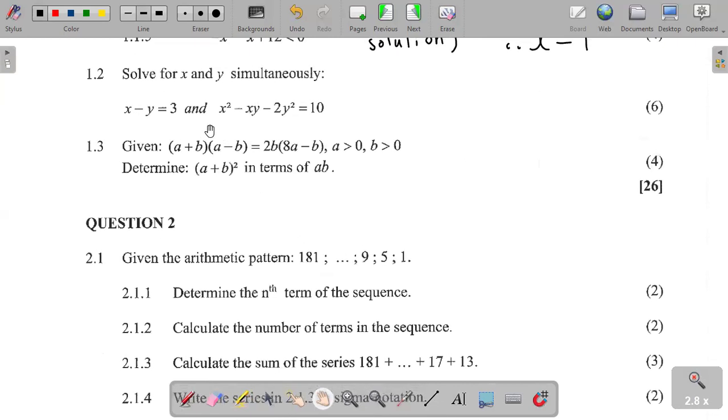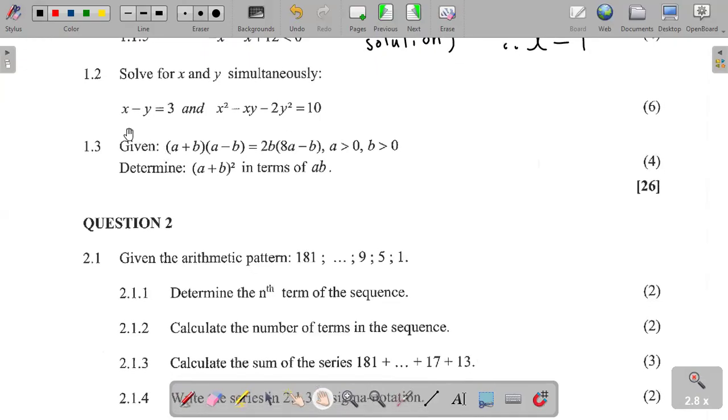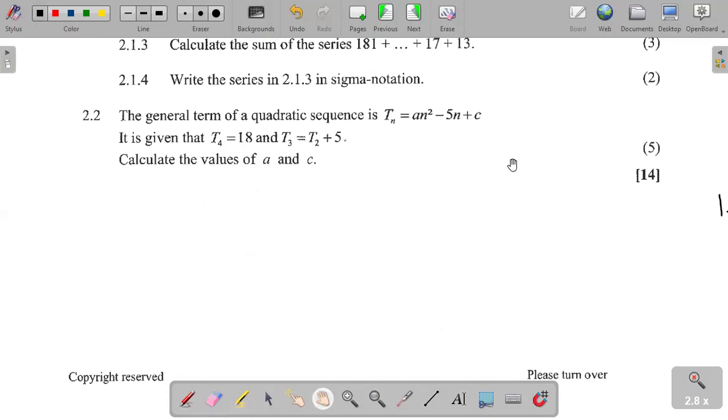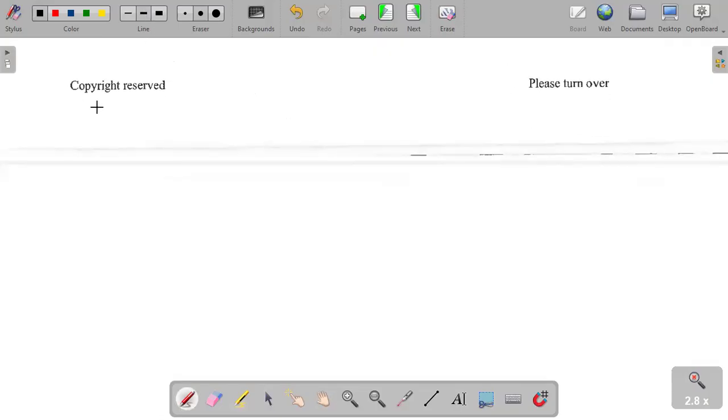And then 1.2, they want us to solve for x and y simultaneously, okay? Meaning at the same time. So here we have x minus y equals 3, okay? For 1.2, let's do it here. x minus y equals 3, and we can say this is equation 1.